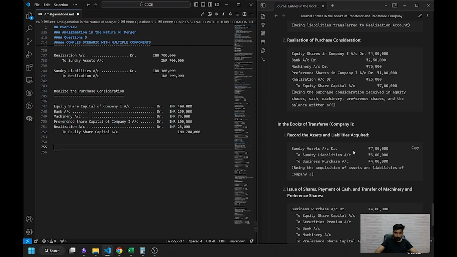After that, we'll make the entries in the books of the transferee company. Journal entries in the books of the transferee company, that is a company named I. The entry will be to record the assets and liabilities acquired.